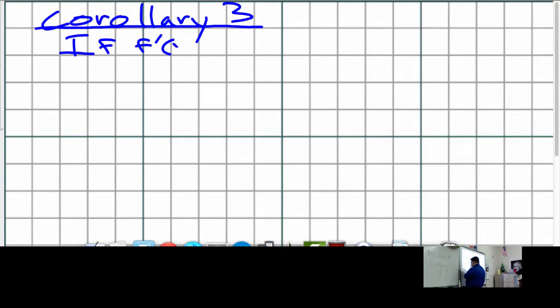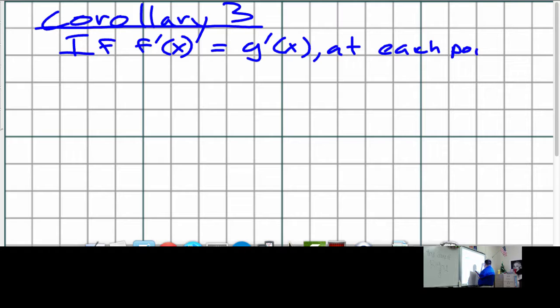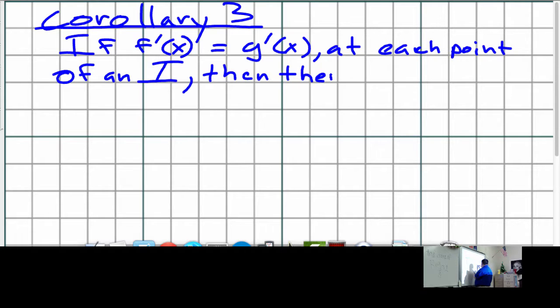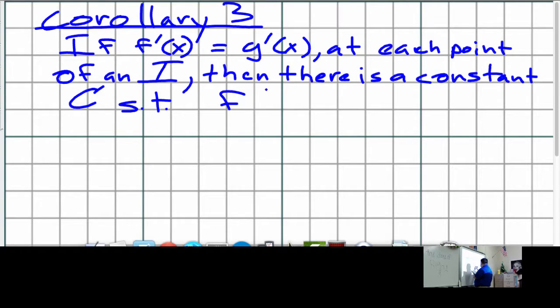If f prime of x is equal to g prime of x at each point of an interval capital I, then there is a constant capital C such that f of x is equal to g of x plus c. And so this is what we need for example number 6.